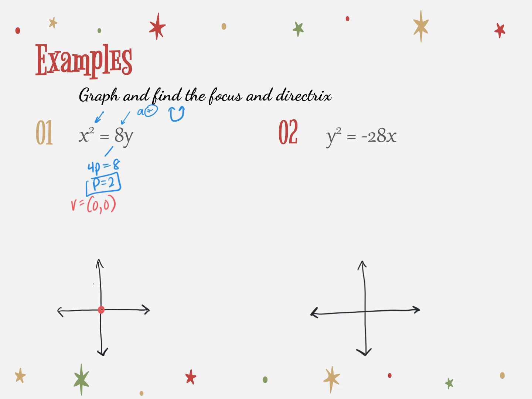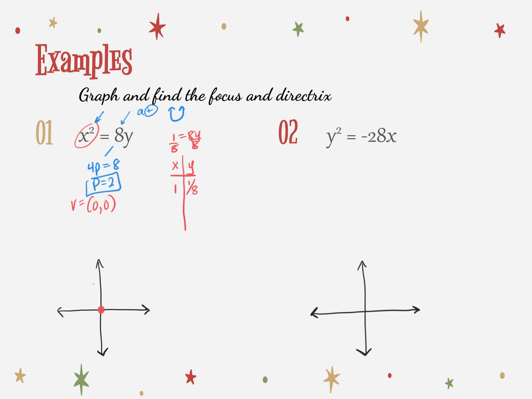Now, I do have to have some accuracy in my graph. And so what I like to do is do a table of values. Basically, I'm just going to pick one value, and I like to plug in whatever the squared part is. So for example, if x is 1, then it's going to be 1 squared equals 8y, which means that y is going to equal 1/8.